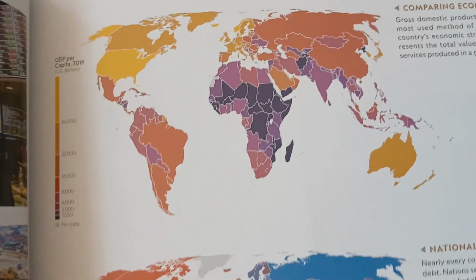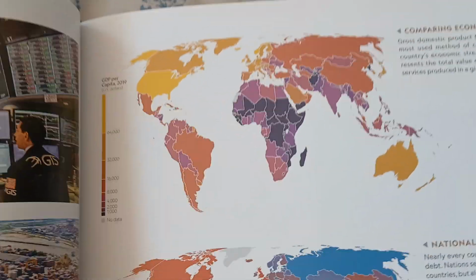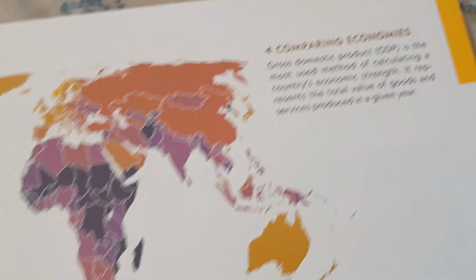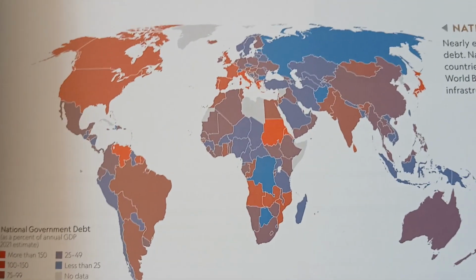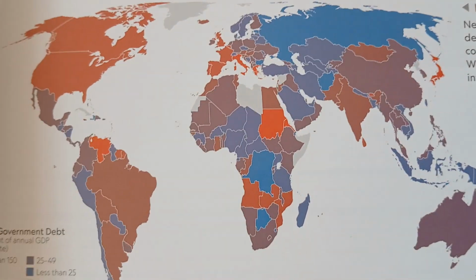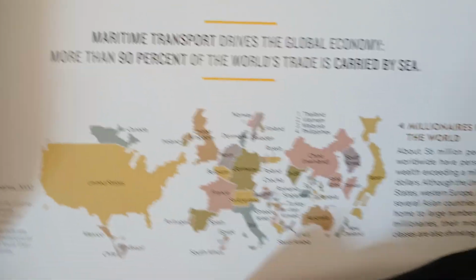And then this is GDP per capita. This is national government debt. And this is percentage of billionaires down here.